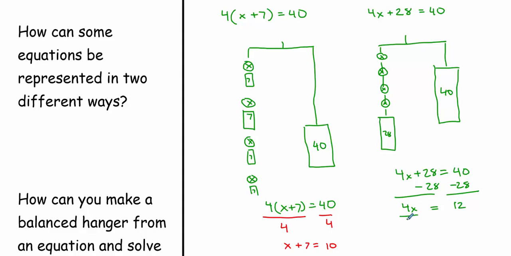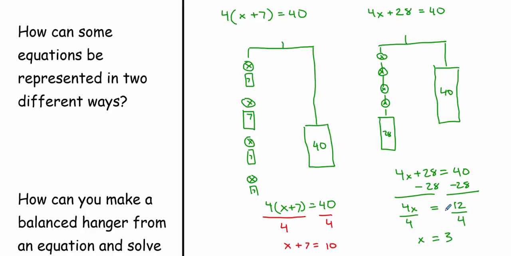And we divide by 4, divide by 4, and we have x is equal to 3. Same thing, 3 plus 7 is 10, 3 times 4 is 12. We get the same answer.